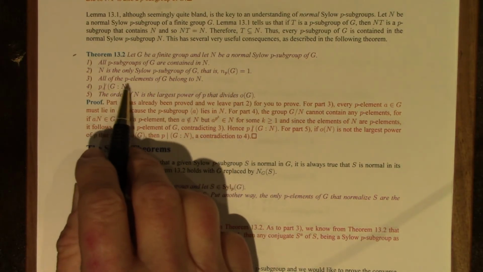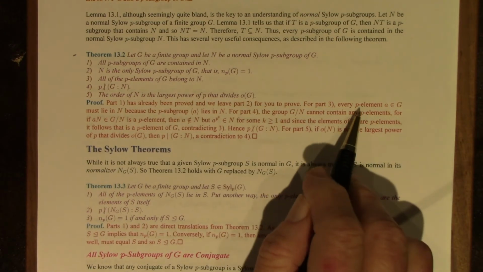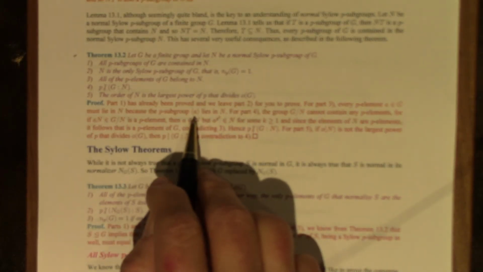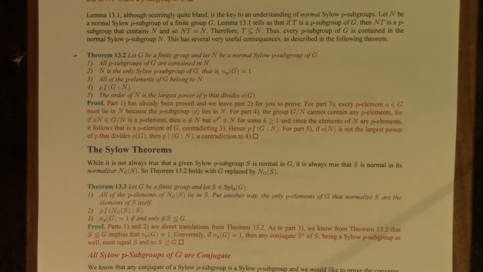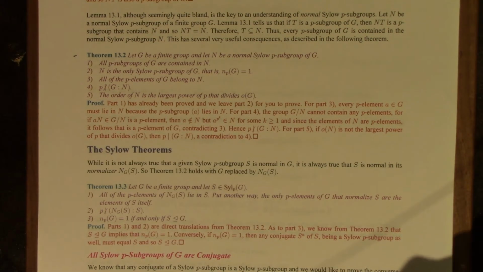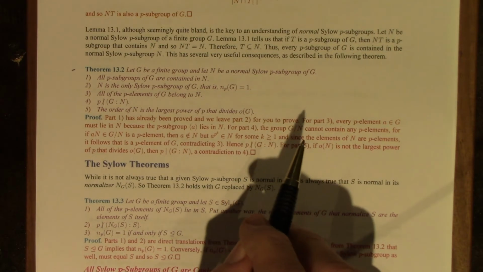As to part 3, all of the p-elements of G belong to N. If a is a p-element of G, then the subgroup generated by a, this little cyclic subgroup, is a p-subgroup of G, and therefore, by part 1, lies in N, and so its generator a lies in N. So all p-elements of G are in N.